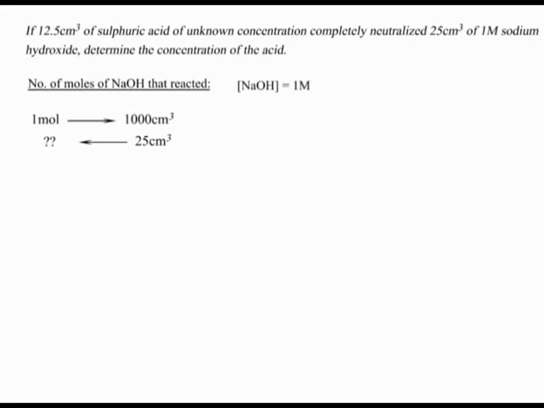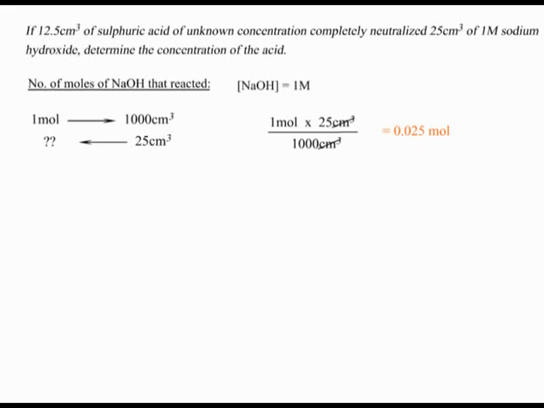So how many moles are in there? We have 1 mole times 25 cubic centimeters over 1,000 cubic centimeters. Cubic centimeters cancel out and we remain with 0.025 moles. So 25 cubic centimeters of 1 molar sodium hydroxide contains 0.025 moles.